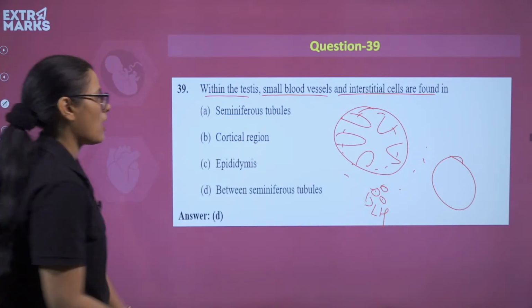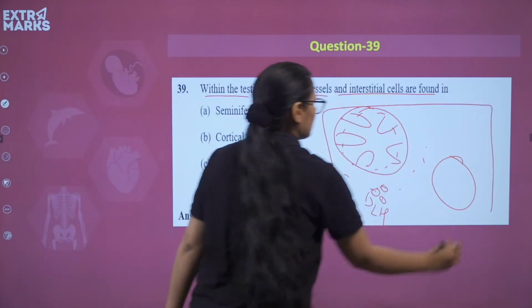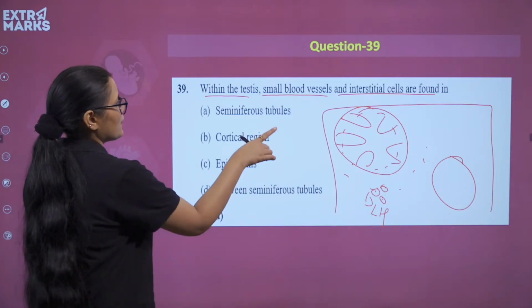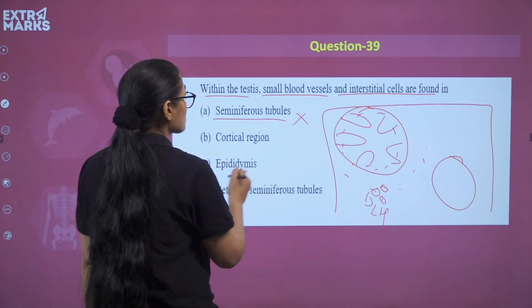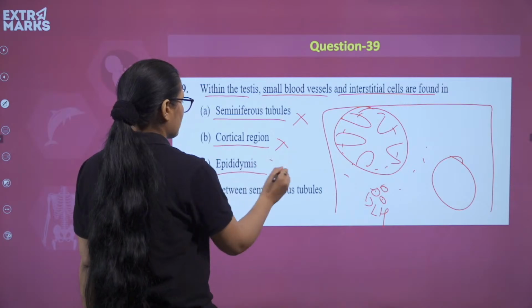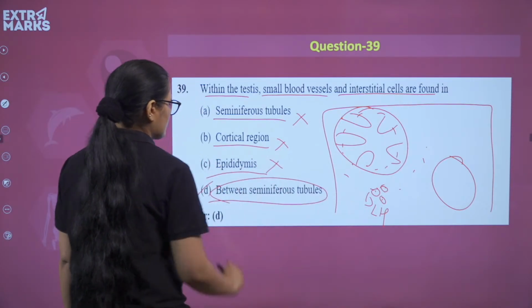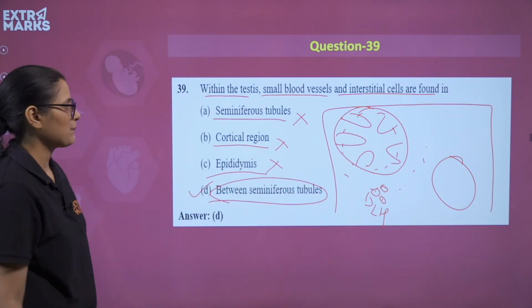So this is how your structures are. They are found in seminiferous tubules, no. Cortical region, no. Epididymis, no. But between seminiferous tubules is the correct answer.